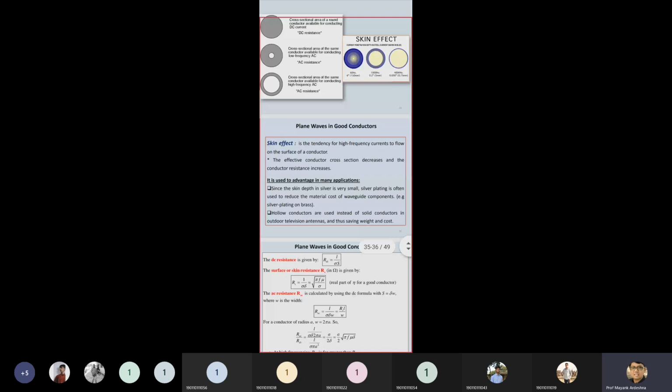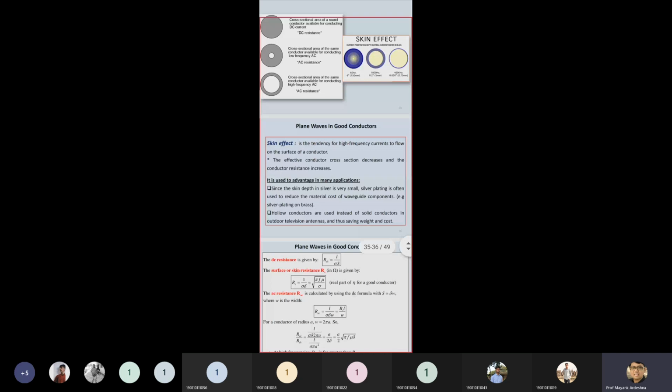So for 1 gigahertz, you can see the vertical circle, which has a white region and one gray ring. The gray ring indicates the current, which penetrates only this region.